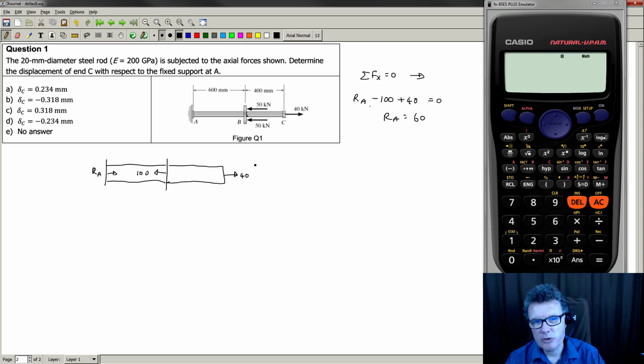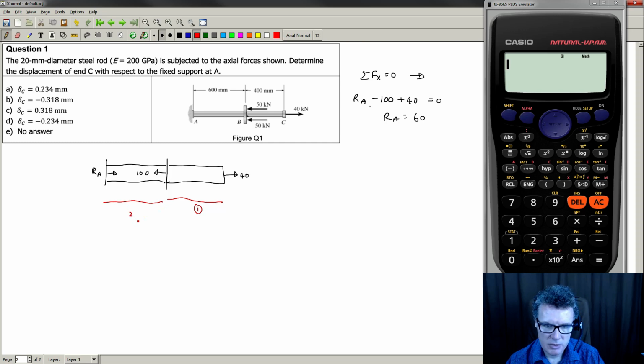Now you don't really want to draw loads of free body diagrams, just use the one free body diagram, especially as this is multi-choice, and say to yourself, what am I going to be doing with this? Well, I'm going to be identifying my sections. So I've got a section 1 here, and a section 2 here.